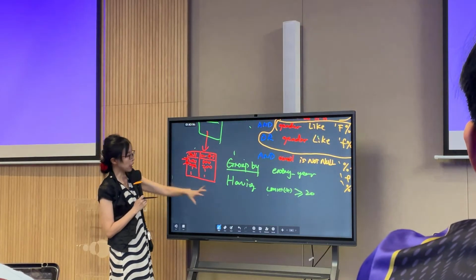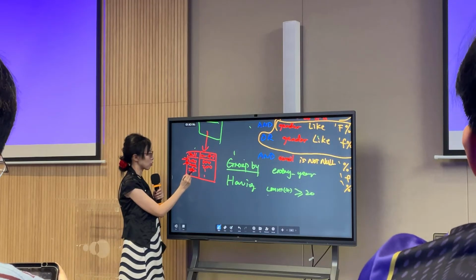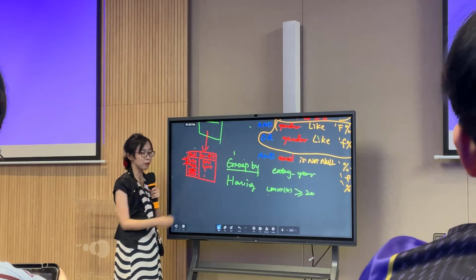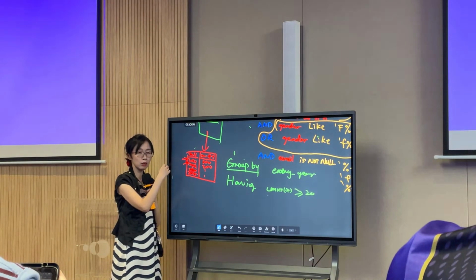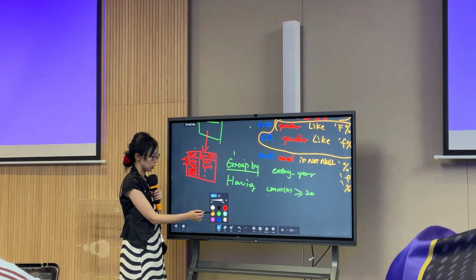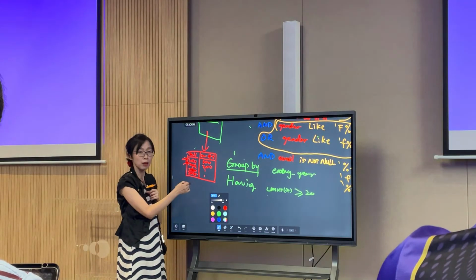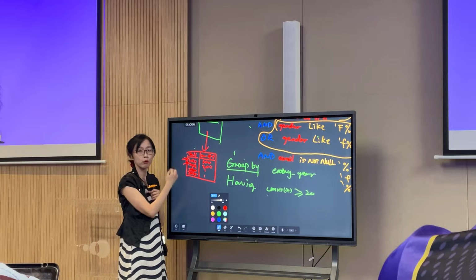But indeed, maybe this one is 2020, this one is 2025, so they are not in the order you want. Then after that, you should write what? Because you already have this table, you have to make it look beautiful.